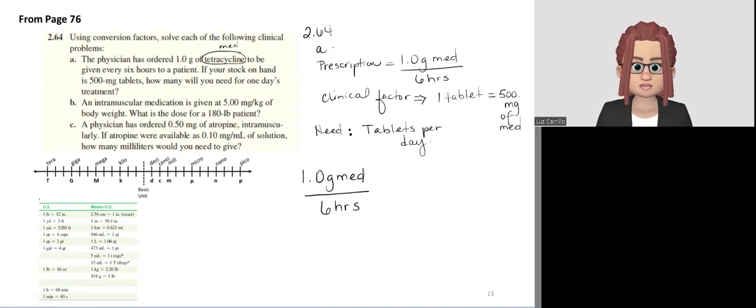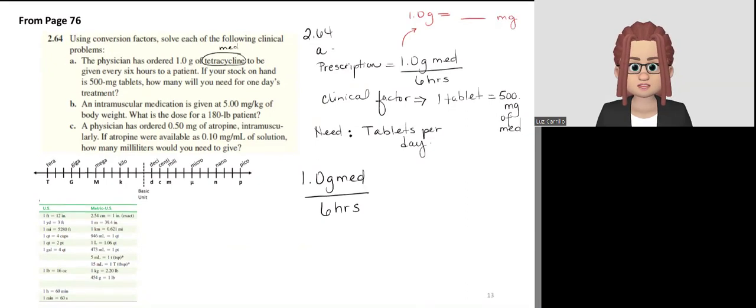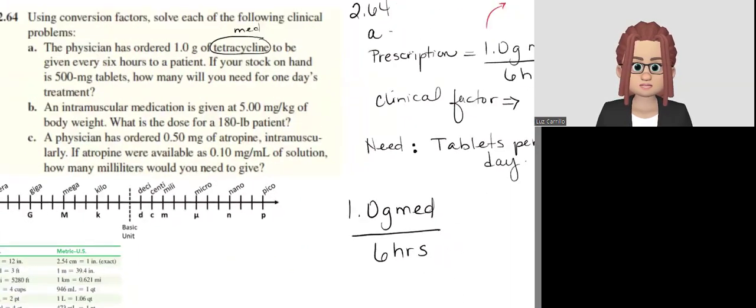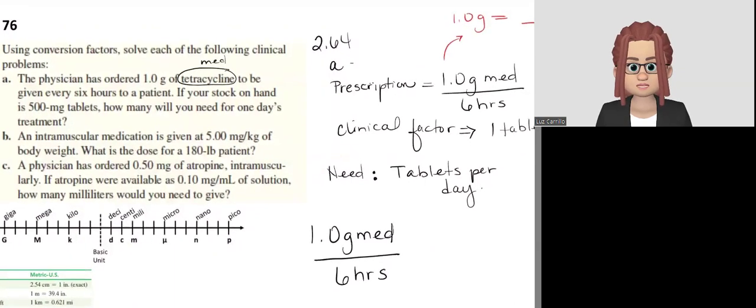So to do that, I can find out that in 1.0 grams, how many milligrams does that correspond to? I'm going to choose to find that information by utilizing the number line method. In this number line method, I'm going to start at my basic unit of gram because that's where it lives in the number line.